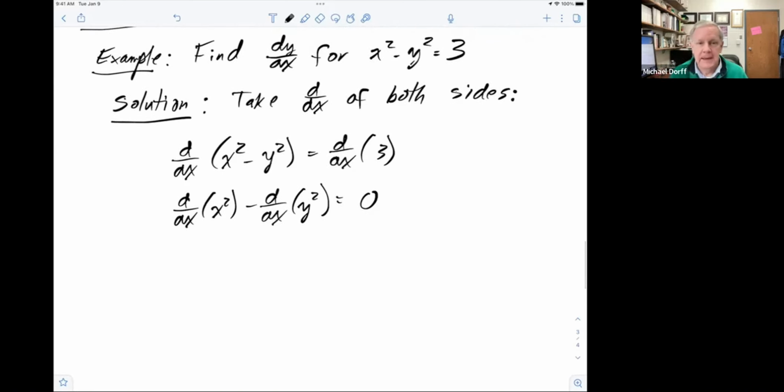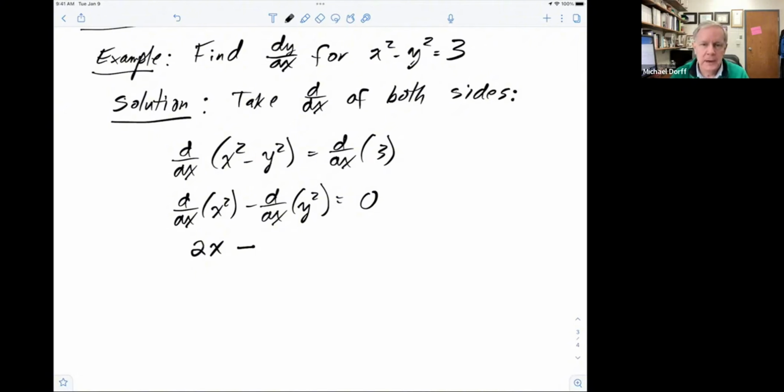And now on the left side, I take d/dx of x squared. Again, I'm just going to do the power rule on it. So the derivative of that would be 2x. And I would have a dx, which we can think of as 1, and I'm just not going to write it anymore. Then I have minus d/dx of y squared.